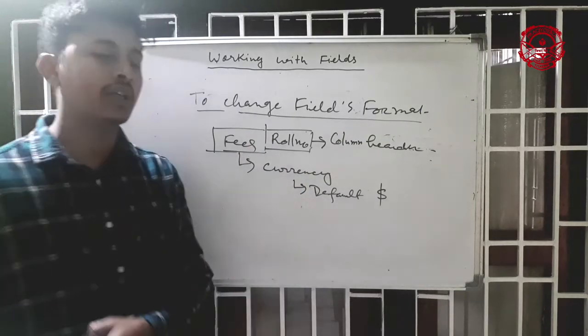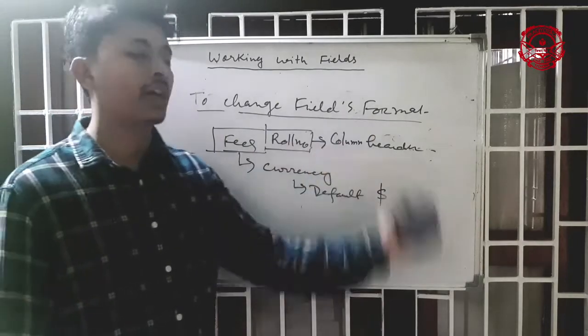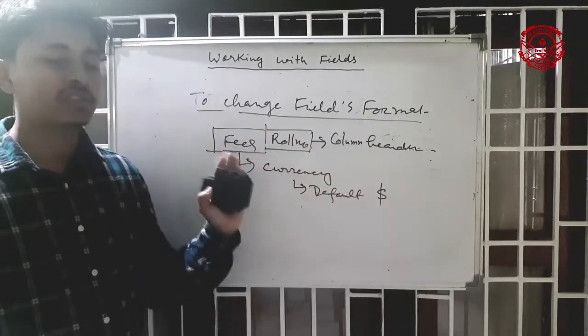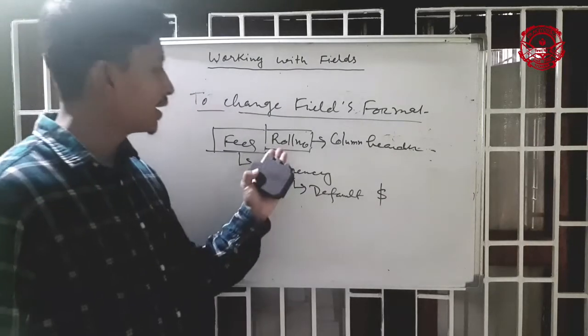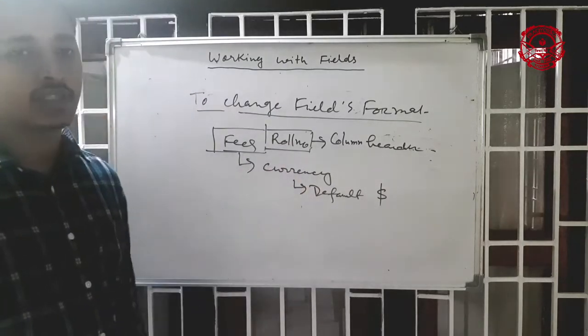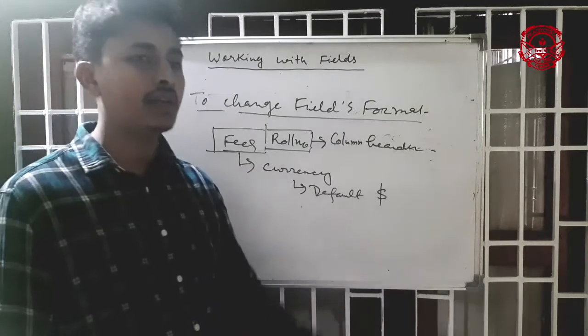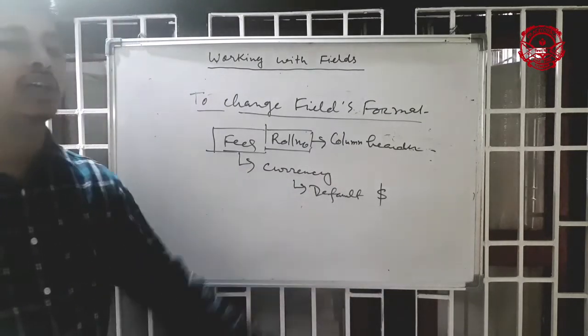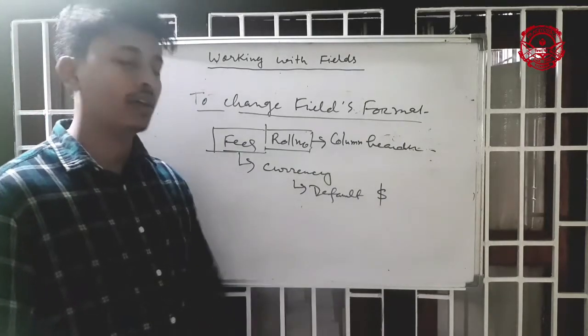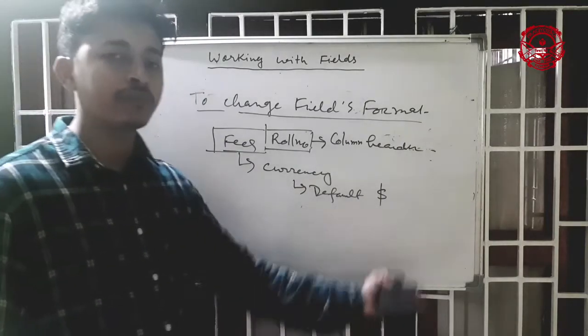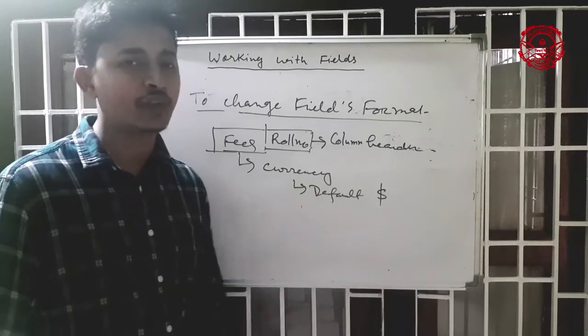Means in the later chapter you will get these things, how to change the field format. But you just remember that field format means you can change the column header, the field options. If it is a text, you can change it to number, or if it is a number, you can change it to text. Or say it is a currency, default value is dollar, you can change it to rupees, pounds, etc. Okay, that's it.